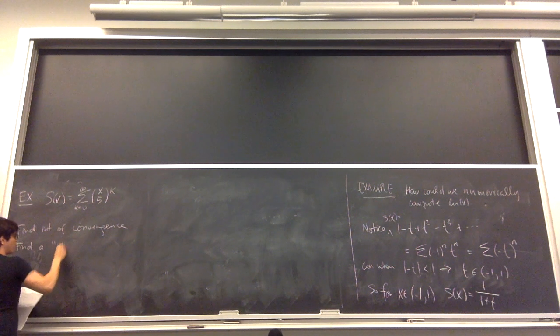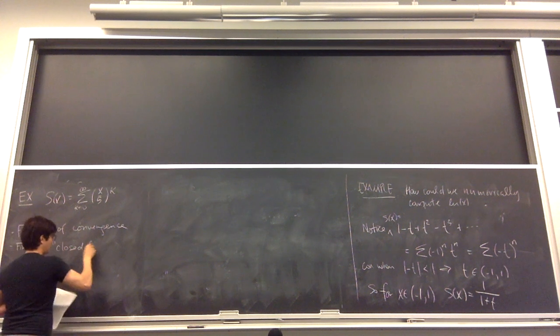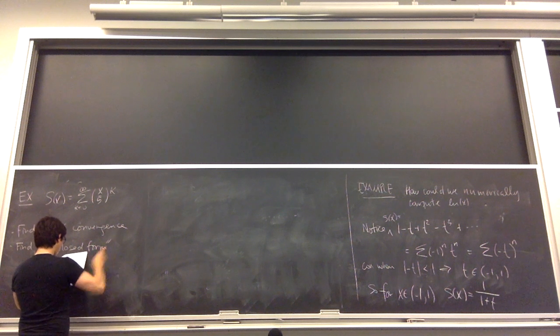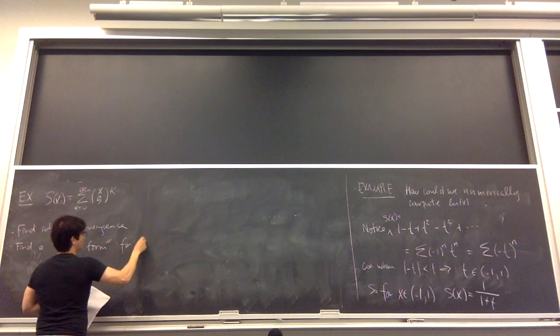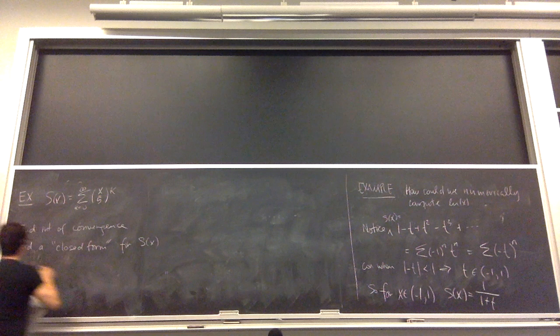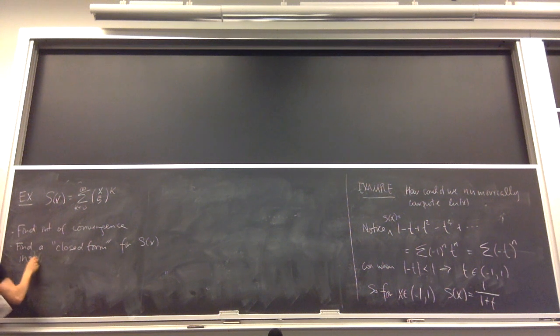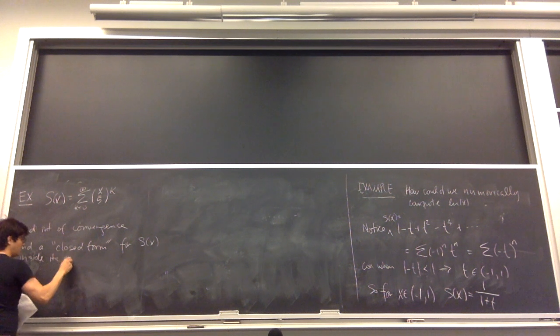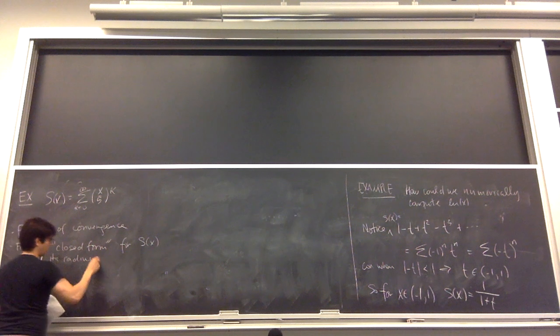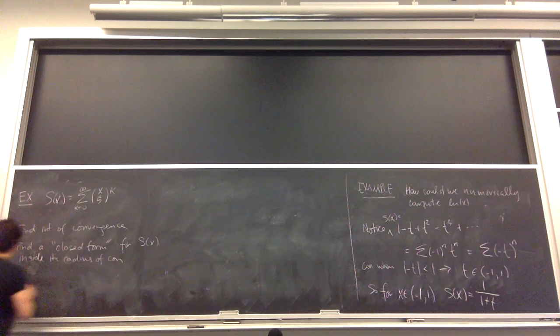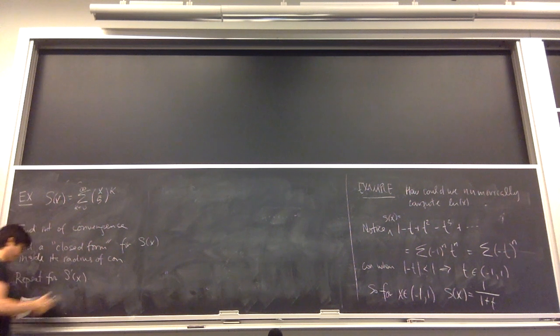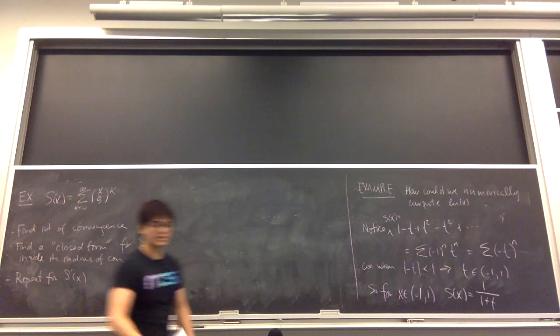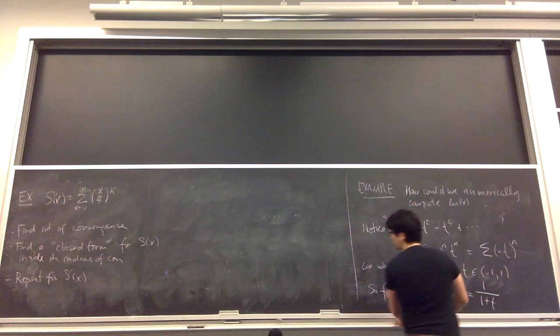Find a closed form for the sum itself inside its radius of convergence. And then repeat for the derivative of s. Okay, so that's a little bit of homework for you. It's actually quite simple.